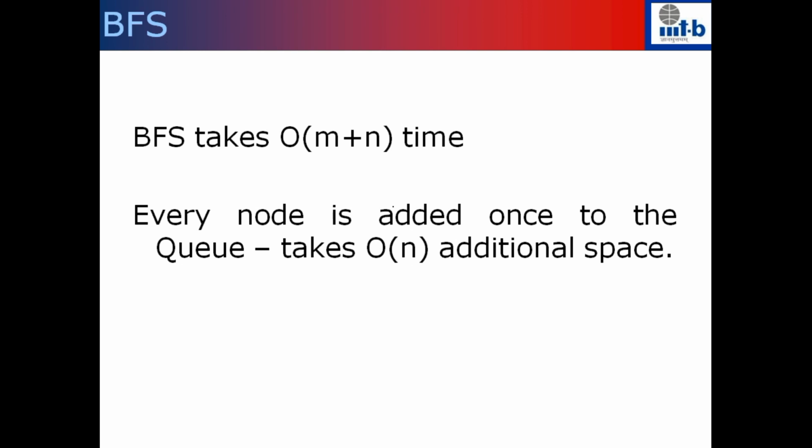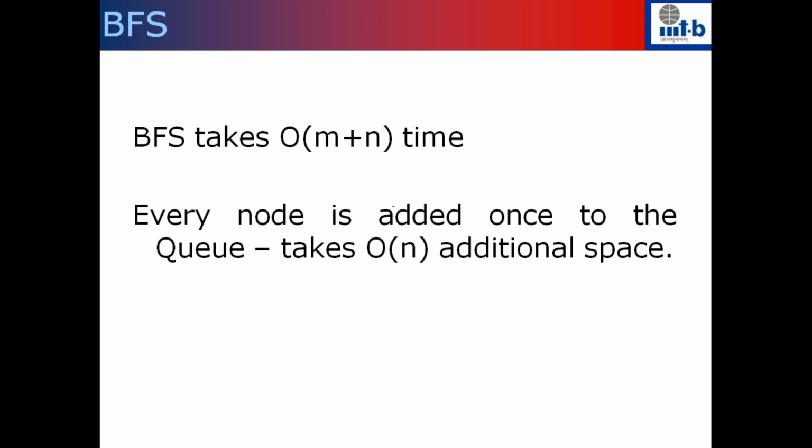Since every node is going to be added into the queue exactly once, the size of the queue might be of order n, right? So at some point of time it may happen that all the nodes are there in the queue.